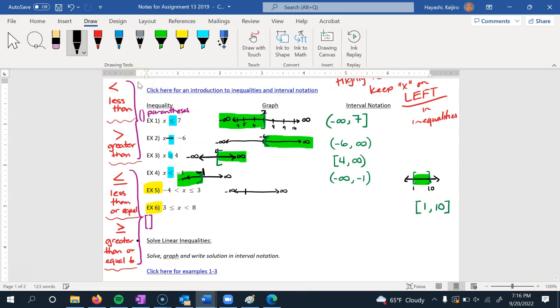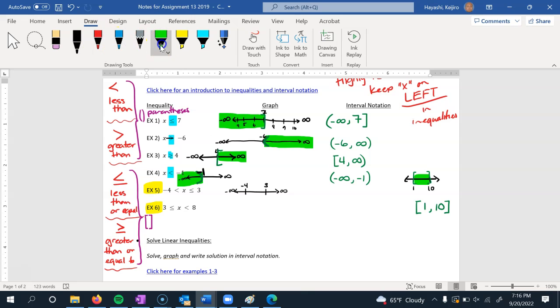There are two numbers here, -4 and 3. And make sure you write it like this. Definitely do not write it the other way around. That is not the way the numbers are ordered. -4 should be to the left of 3 on a number line, just because on a number line, left is lower, right is greater.